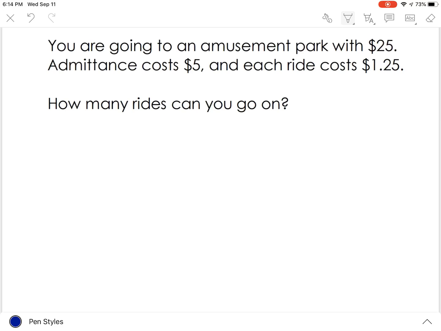Well, let's set up our problem very, very similar to the previous one. We have to pay $5, just because we're going into the park. Apologies, I skipped a step. How many rides can you go on? Since we're looking for the number of rides, that's our variable.